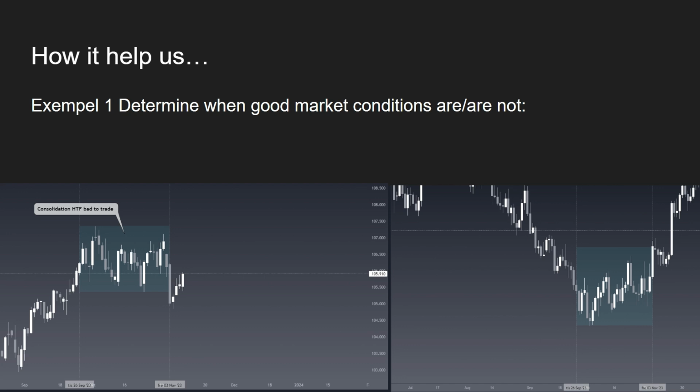Consolidation on the DXY would mean that all the major other currencies correlated with the DXY, so all the major American dollar pairs, will also be consolidated. So that simply means when the DXY is consolidating on a high time frame, you should stay out, and you're going to see a bad market period for trading.